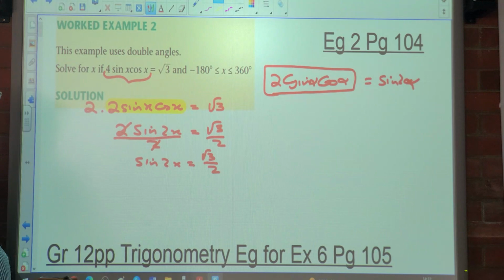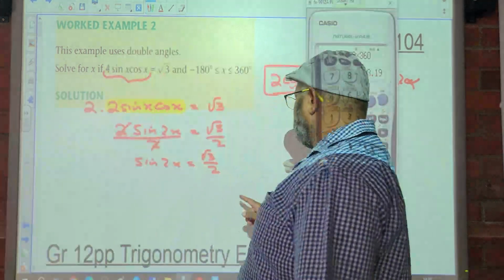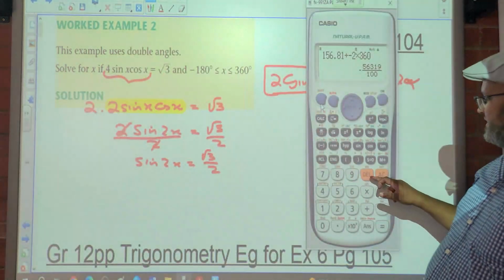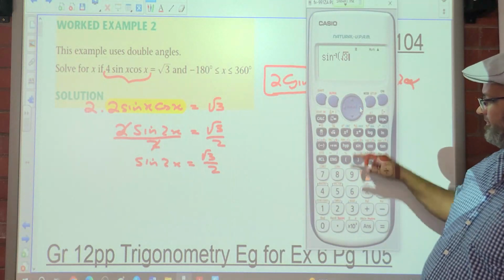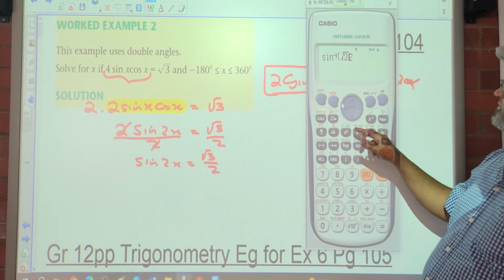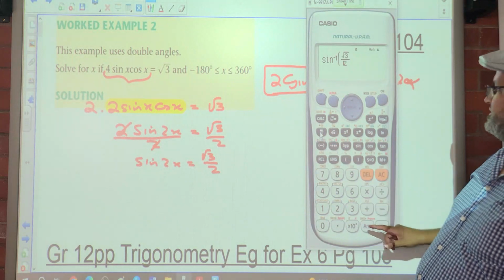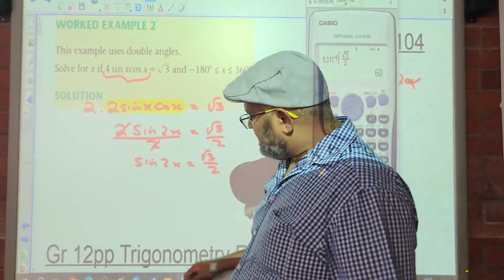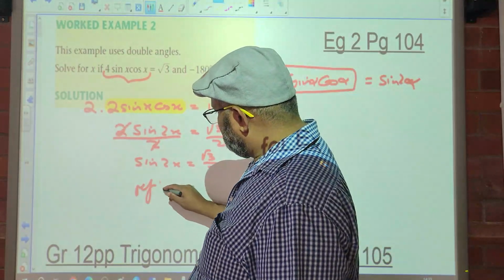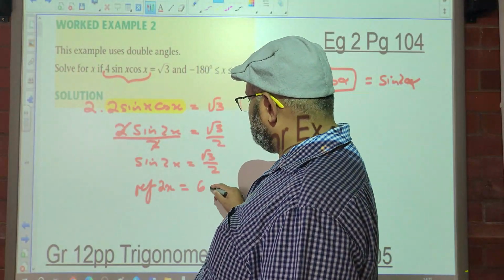Now say for instance you didn't know that. We go arc sine of root 3 over 2. Is that 60? Okay, so what do we say? Our reference 2x is equal to 60 degrees.